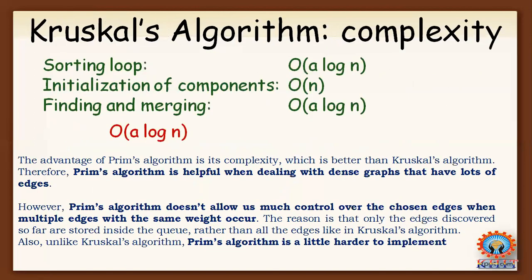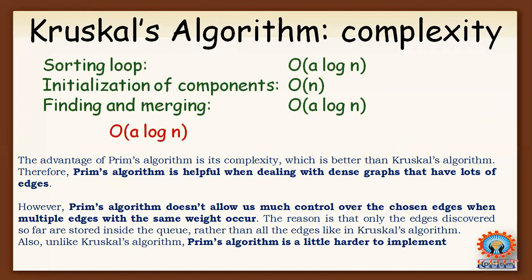Now we will see how to compute the time complexity of Kruskal's algorithm. The time complexity of Kruskal's algorithm is order of a constant value into log n. Simply you can say order of log n is the time complexity of Kruskal's algorithm. In Kruskal's algorithm, there is a sorting loop.